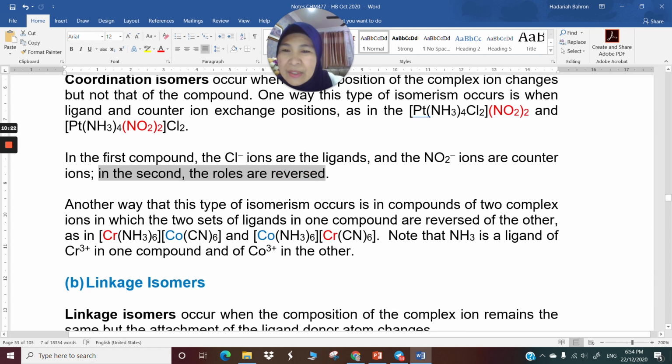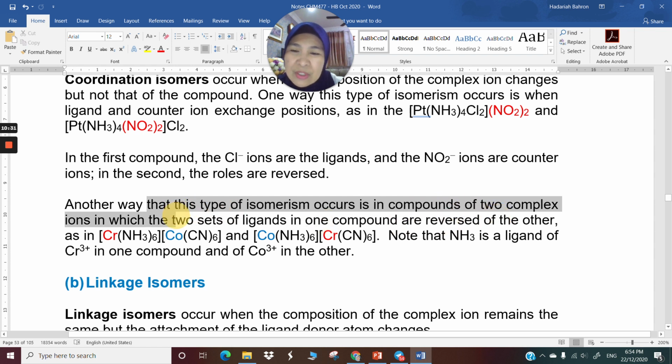Now there is another way, so that is the first way. There is another way that this type of isomerism occurs, in compounds of two complex ions in which the two sets of ligands in one compound are reversed in the other. So this is another example. In the first example, you have chromium attached to 6 ammonia to make one positively charged complex ion.